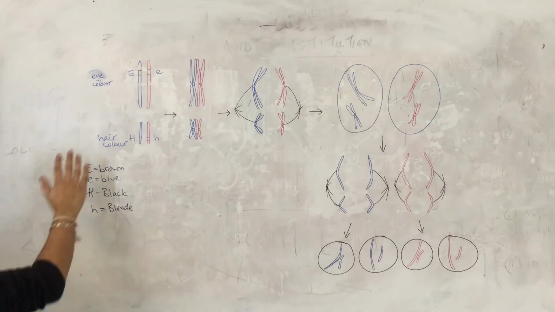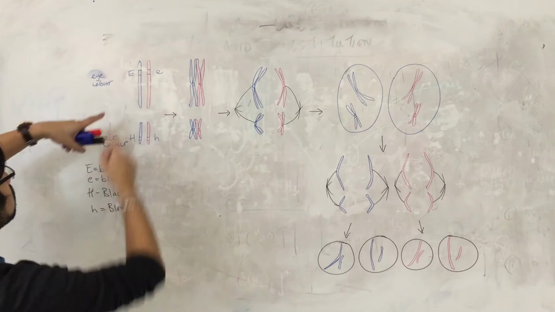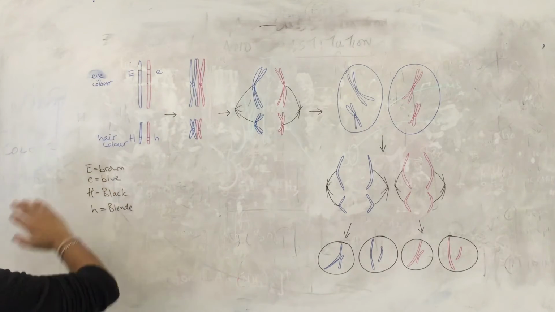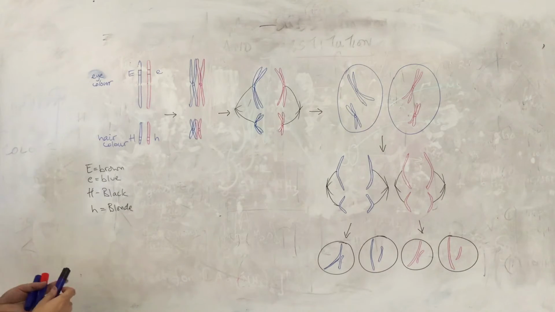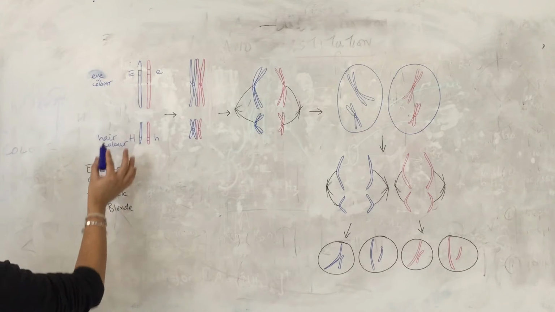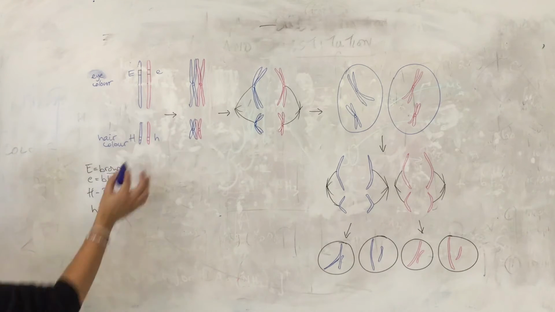Okay, so this individual is heterozygous for eye color and heterozygous for hair color, but the phenotype that they have is they are an individual with brown eyes and black hair.